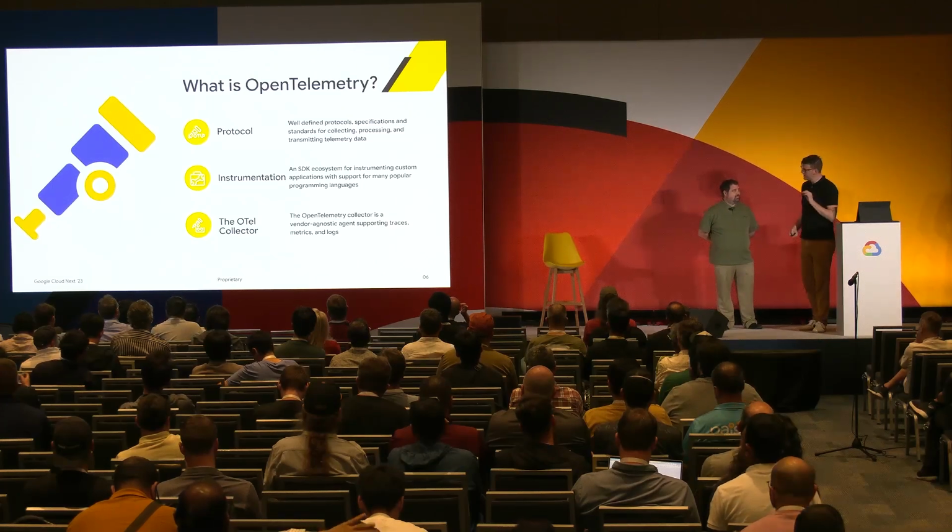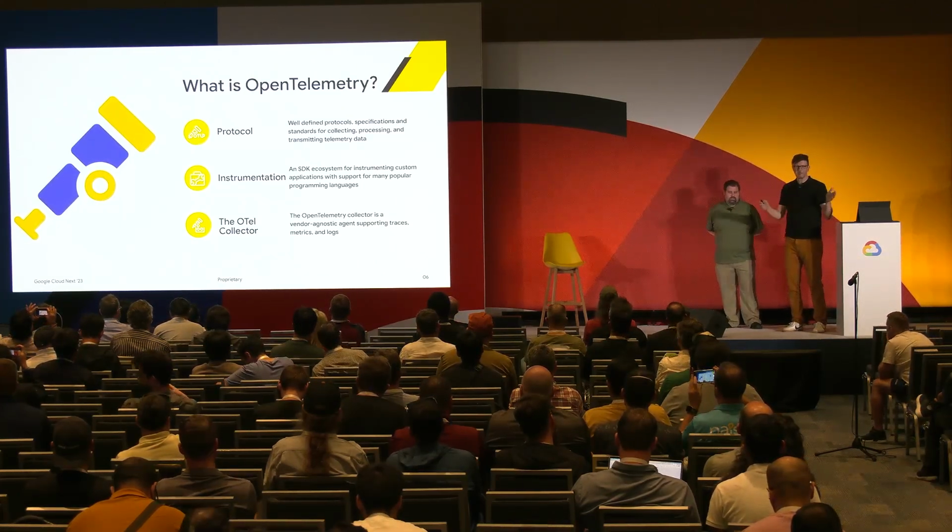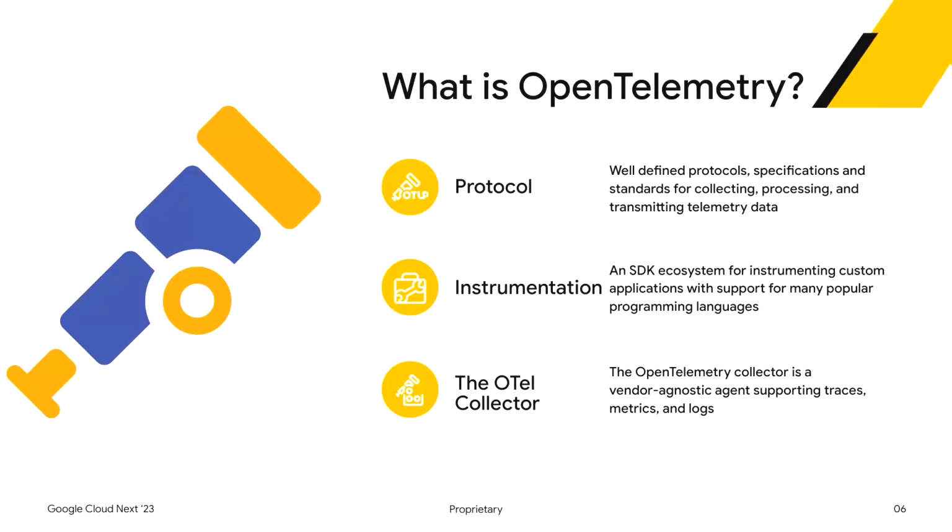So there are three things we're going to talk about with OpenTelemetry. This is a very large project, obviously, but the three core pillars are the protocol. This is well-defined protocols, specifications. It's really the base that everything else is built on, and it's the standards that are needed for collecting and processing the data.